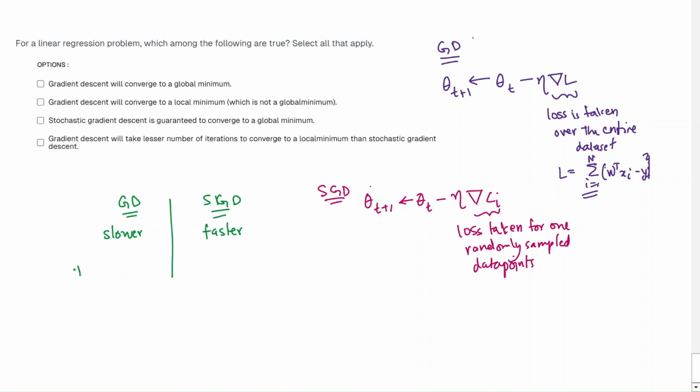In gradient descent, there is a theoretical convergence guarantee, which is you are sure that it will converge. On the other hand, with stochastic gradient descent, there is no theoretical guarantee. However, in practice, it works very well. In practice, it has been found that it almost converges most of the time.